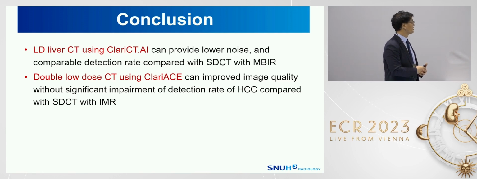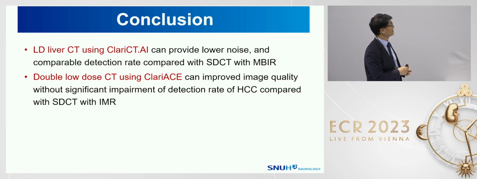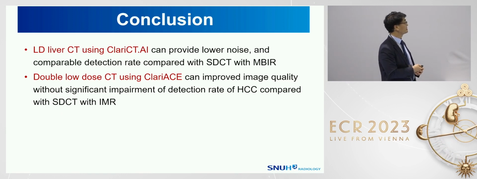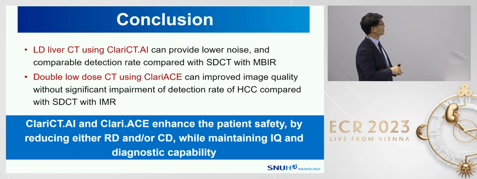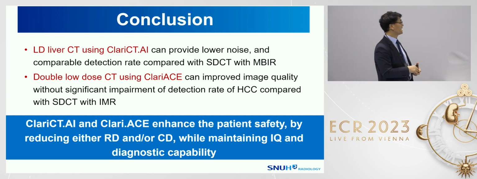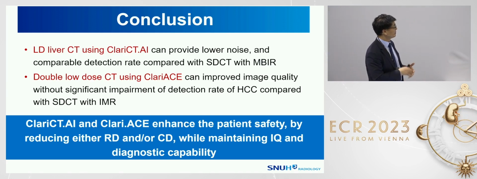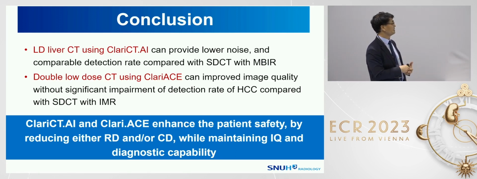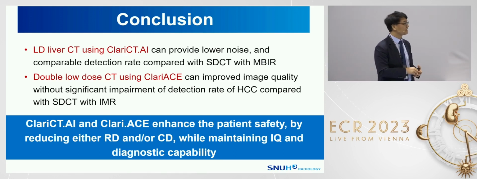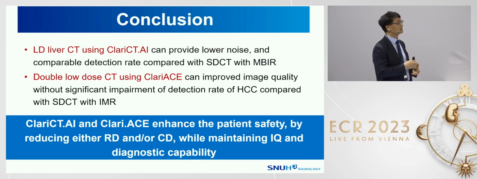In addition, double low dose CT using ClariACE can improve image quality without significant impairment of detection rate of HCC compared with standard dose CT with IMR. So both ClariCT.AI and ClariACE enhance patient safety by reducing radiation dose and or contrast dose while maintaining image quality and also diagnostic capability of detecting liver lesions.